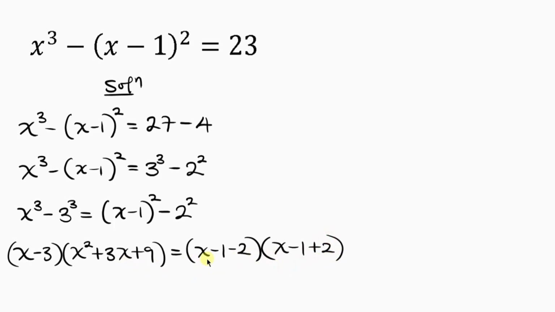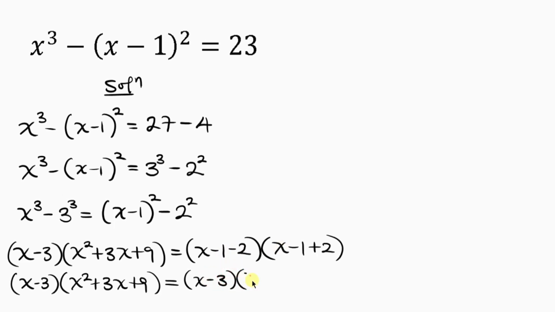So now let's go ahead and simplify what we have on the right hand side. So we have (x minus 3) times (x squared plus 3x plus 9) to be equal to x, now minus 1 minus 2, that's minus 3, times x, now minus 1 plus 2, I'm going to be having plus 1.